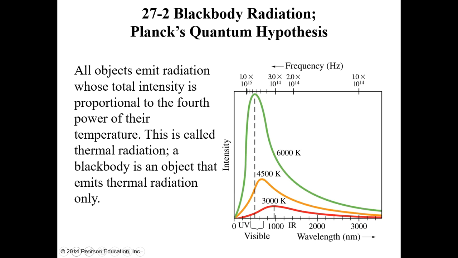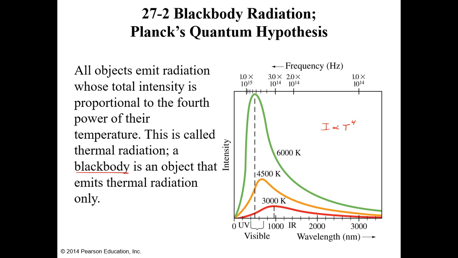In other words, the intensity is proportional to temperature to the fourth power. And we call this thermal radiation. And we have these black bodies. A black body is an object that only emits thermal radiation. It doesn't lose energy any other way at all. In other words, we call these perfect absorbers and perfect emitters.